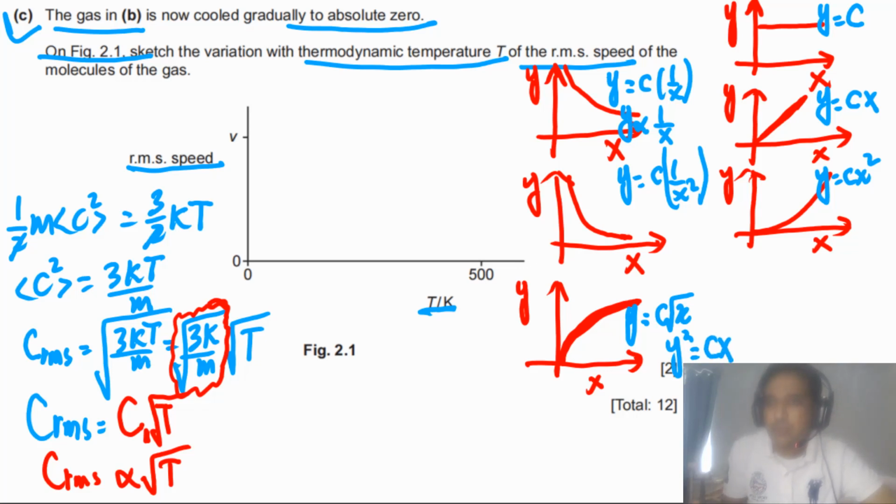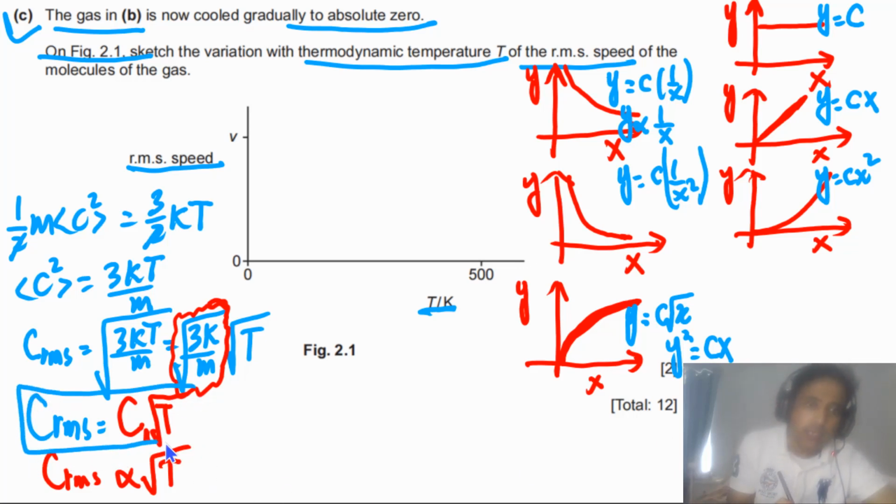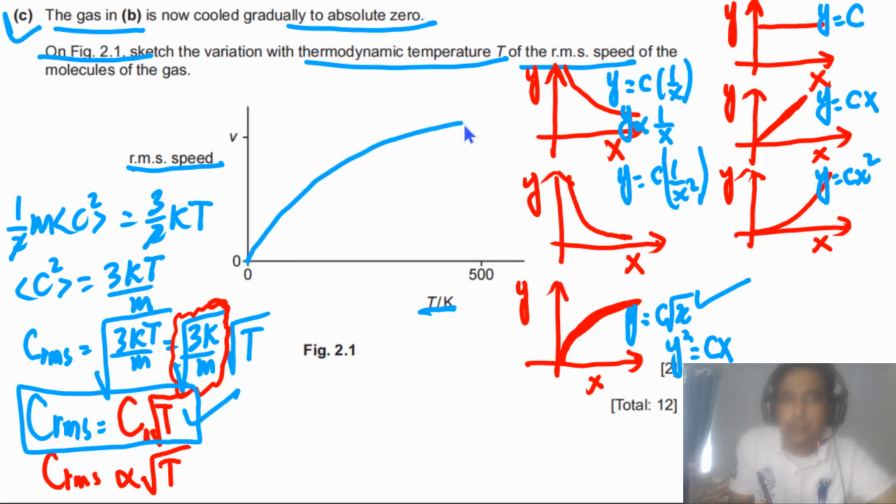Now if you look at this relationship, do you see any similarity between this one and this? They are the same. So it means the shape of the graph you need to draw has to be somewhat like this.